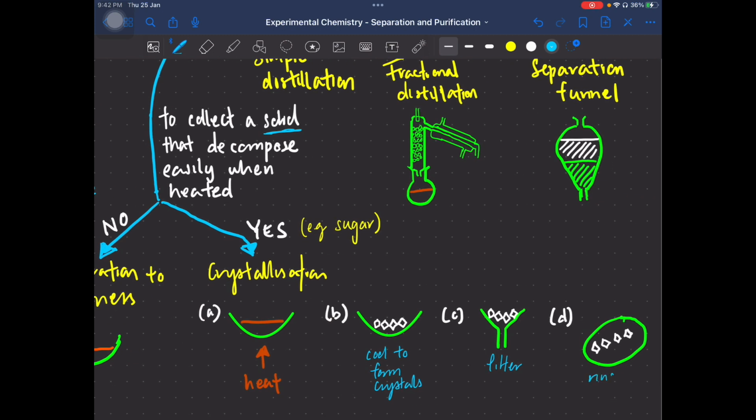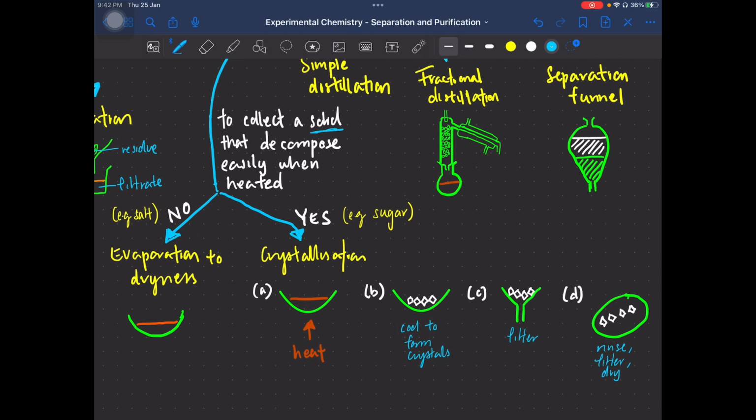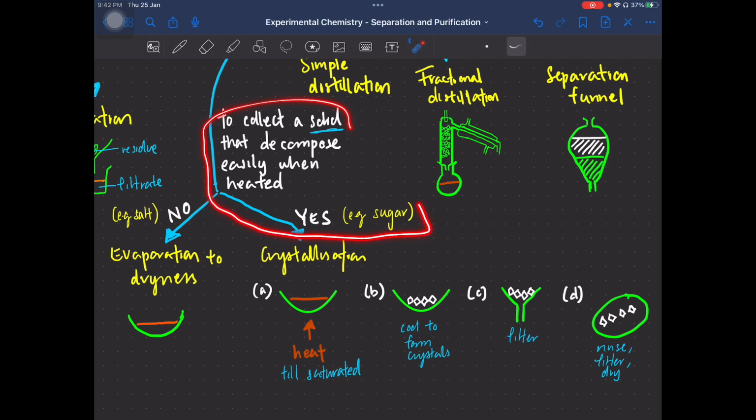Then we'll rinse, filter, and dry the crystals. Right, so this is what crystallization is about. And it's meant when the solid will decompose when you are heating it up too strongly. So in order to avoid that from happening, we will stop the heating once the solution is saturated, then we let it cool down, then the crystals will come out.